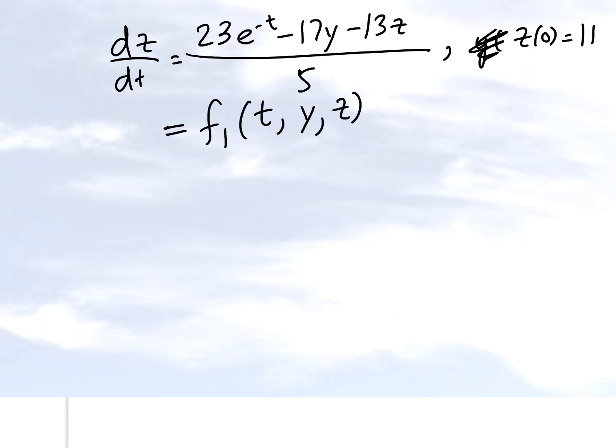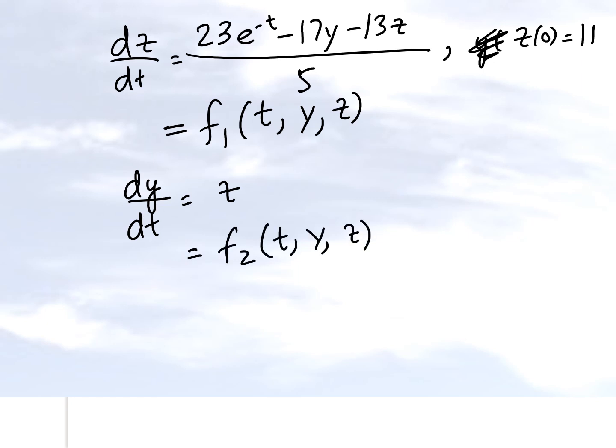As I mentioned, we have only one differential equation and we need another one, and the other one is nothing but dy/dt equal to z. That is your next first order differential equation, and that's also a function of t, y, and z, although y and t are not in the expression right here. This is subject to an initial condition on the dependent variable y, and we know that y sub 0 is equal to 7.